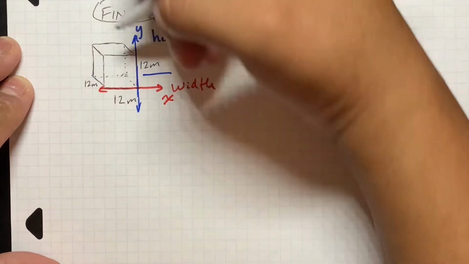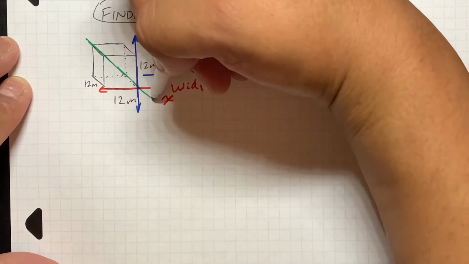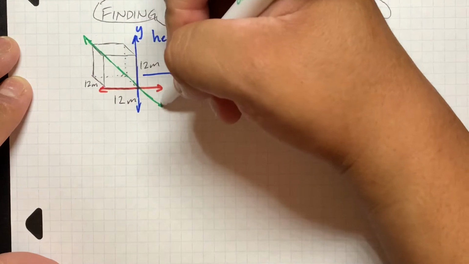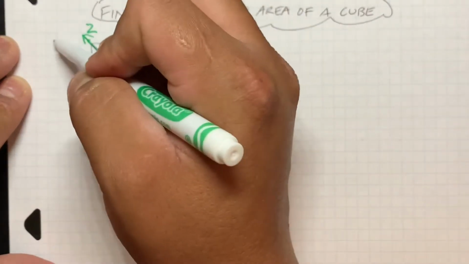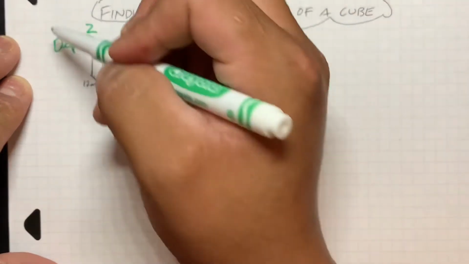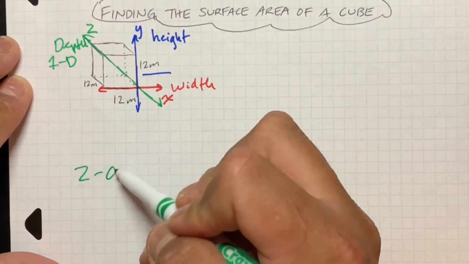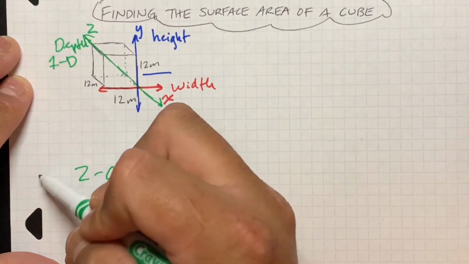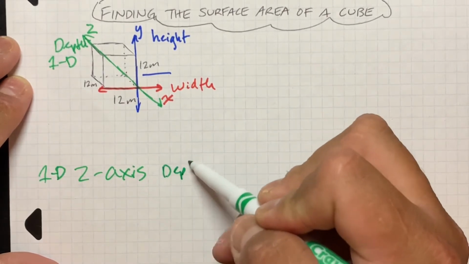Another dimension we have here is your z-axis, and again, this would be the depth. So the z-axis here is one-dimensional, and that's the depth.